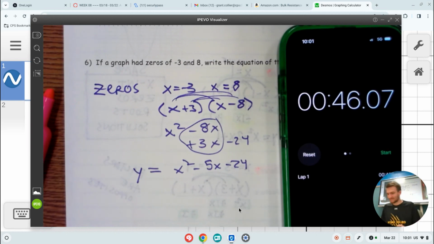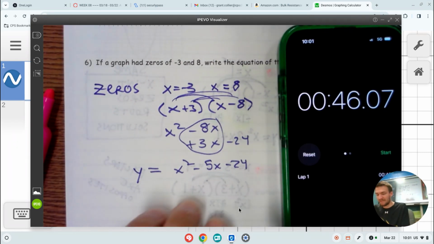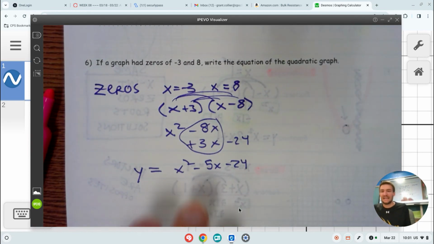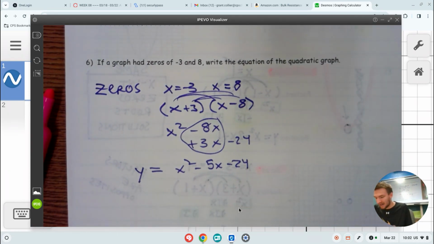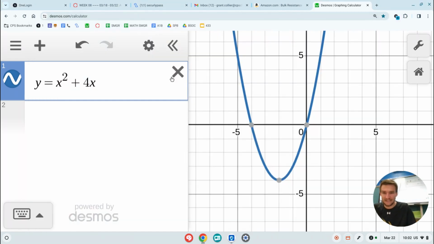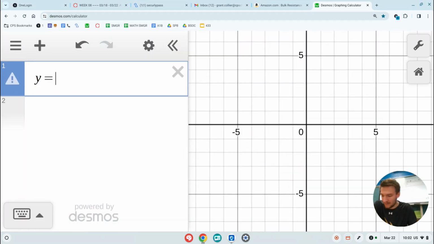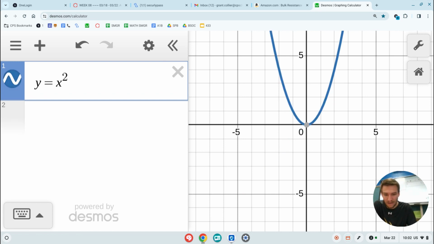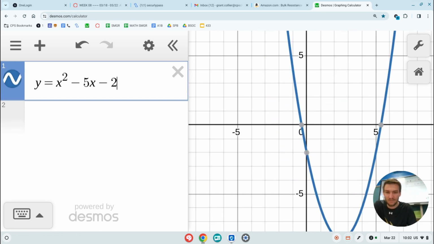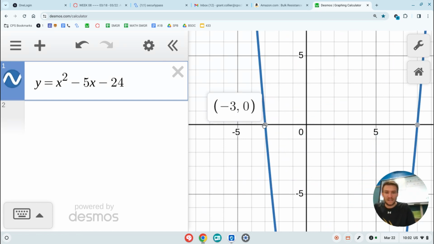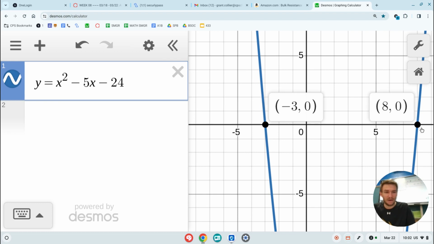I appreciate you waiting. So there we go. We've worked through this equation. We've gotten all the way here. Is this the equation of a graph with zeros at -3 and 8? Y equals x squared minus 5x minus 24. -3, positive 8.